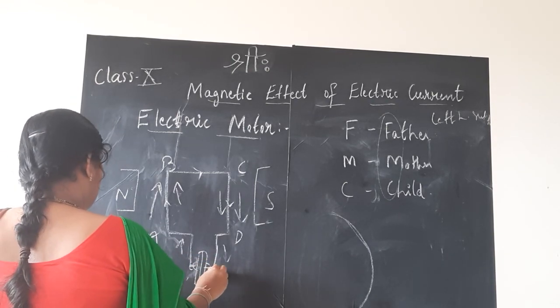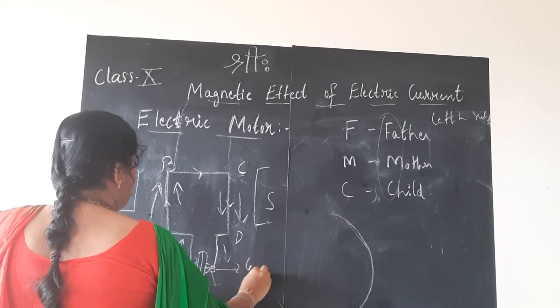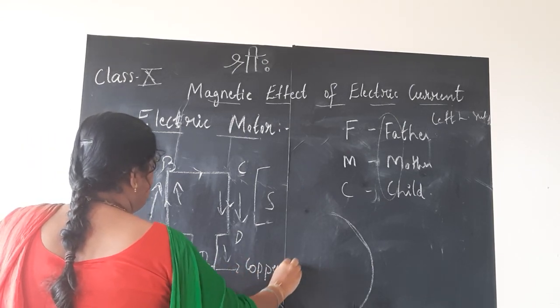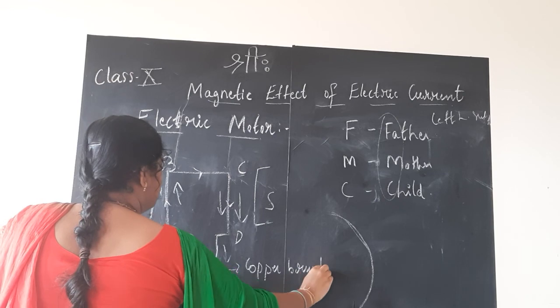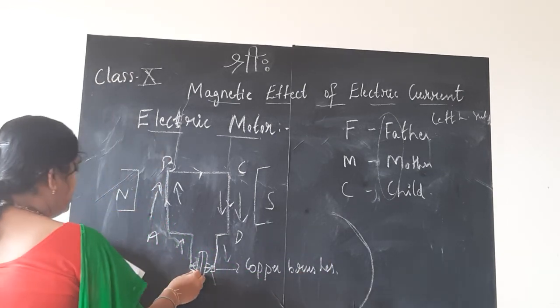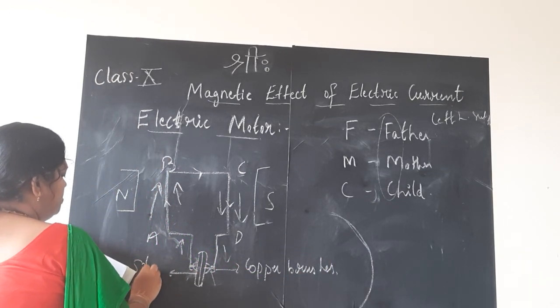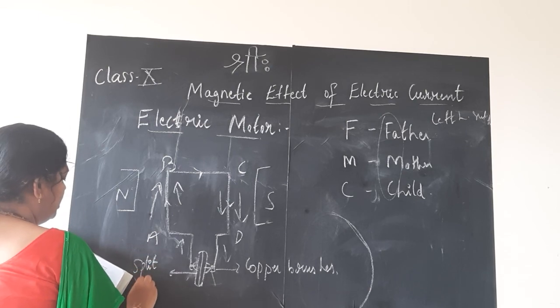Split rings and copper brushes were used, children. Copper brushes as well as the split rings it was connected to.